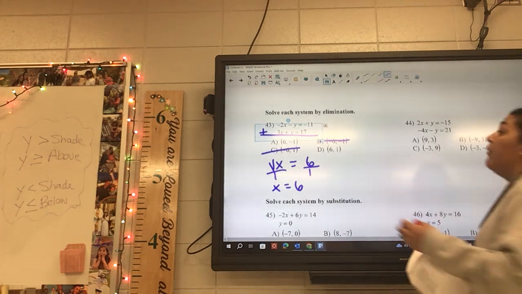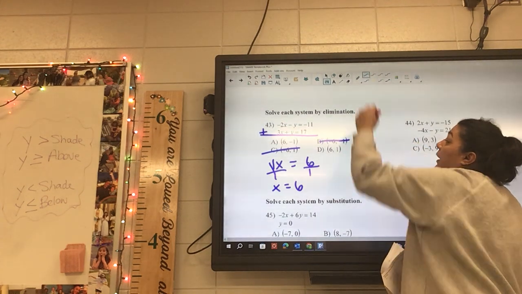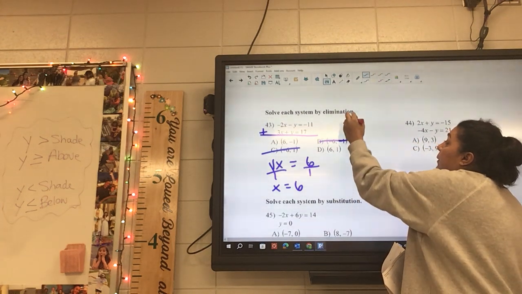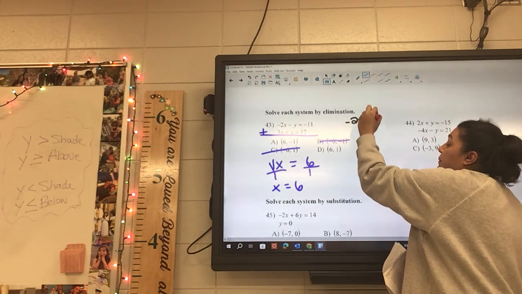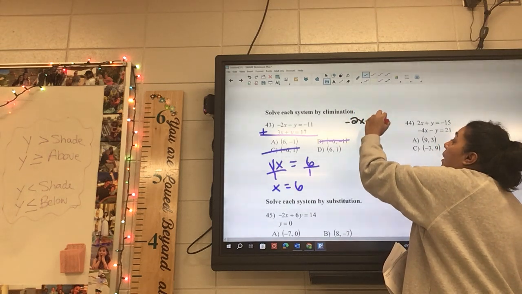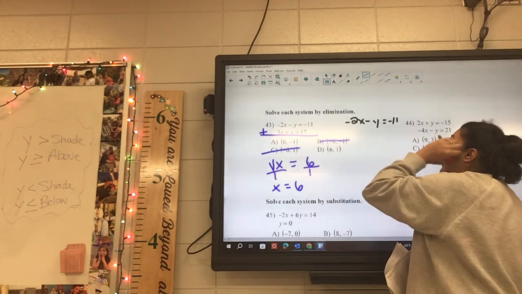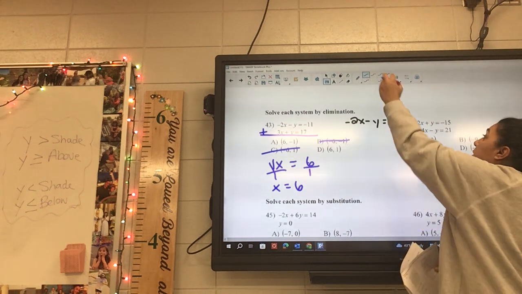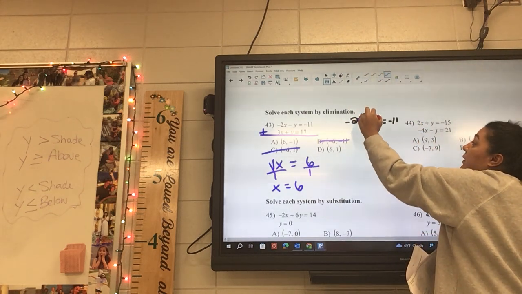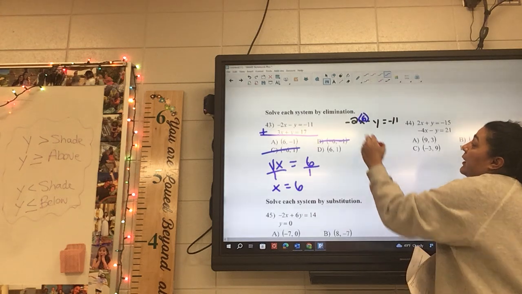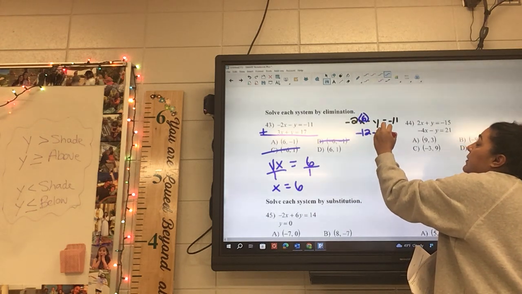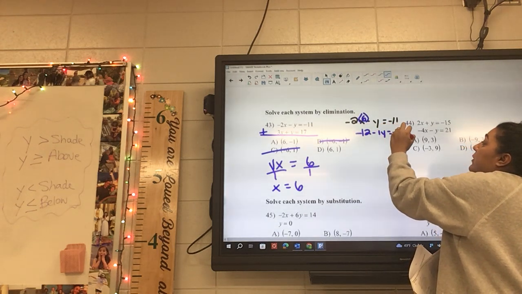Okay, however, you can plug it back in. It doesn't matter top or bottom, but you get negative 2x minus y equals negative 11. Okay, but instead of our x, we know the x is what? 6. Okay, so we're going to get negative 12 minus 1y equals negative 11.